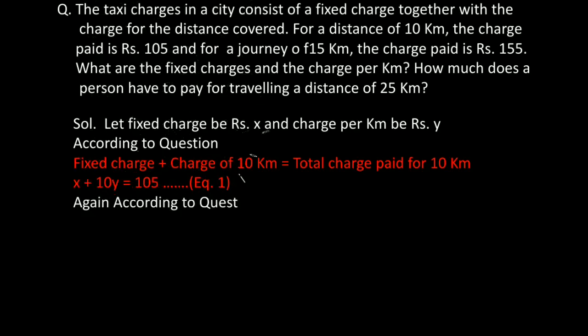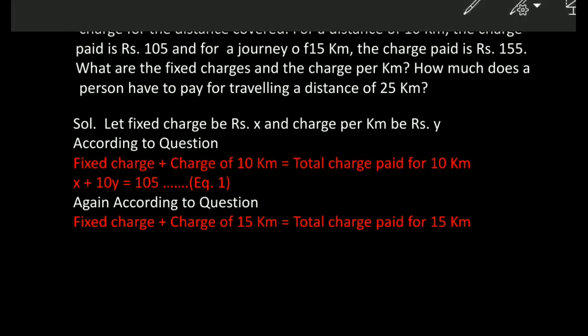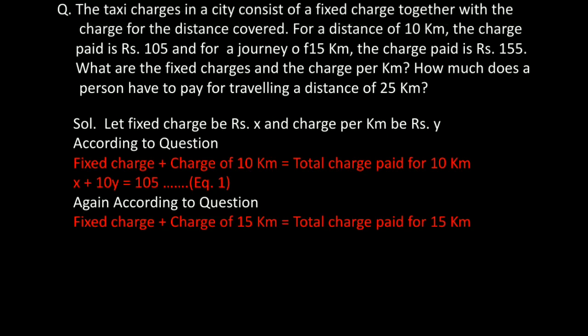Now again, according to the question, fixed charge plus charge of 15 km equals the total charge paid for 15 km. Fixed charge is x and charge of 15 kilometers is 15y equals 155.